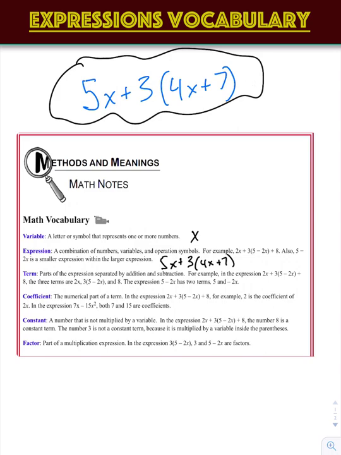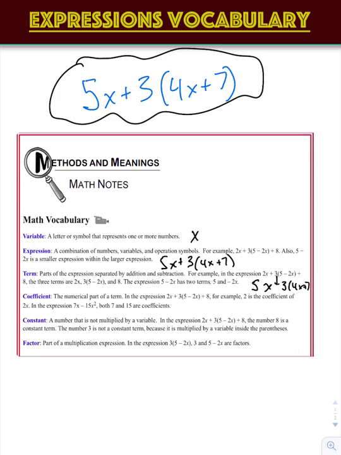A term is a part of the expression separated by addition or subtraction. So you can see that we have 5x as one term, and then we also have 3 times 4x plus 7 as the other.